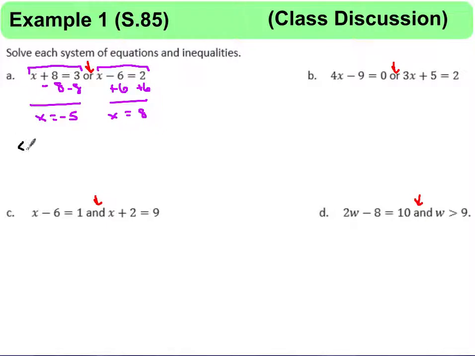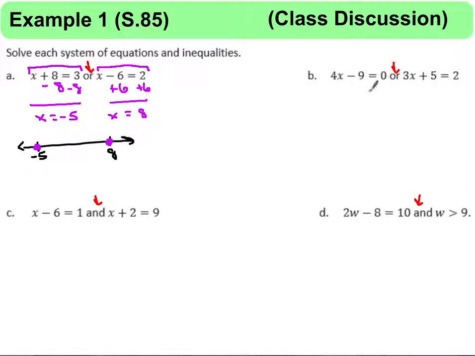If I represented that on a number line, with negative 5 over here and 8 over there, those would be my two solutions. Then I would put a closed circle on negative 5 and a closed circle on 8.